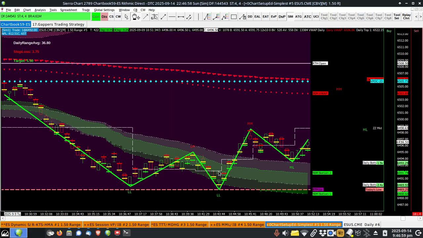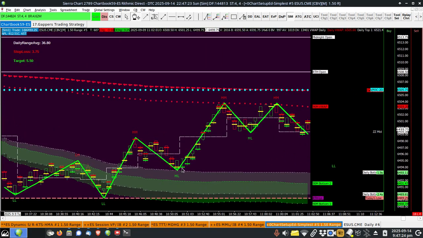Okay, you'll see a VPOC within a wick. You'll see a selling exhaustion, which is that green bar, which obviously was behind. That was probably behind the VPOC, the volume point of control, and then up we go. So here's a higher low, pull back, and then right back up.